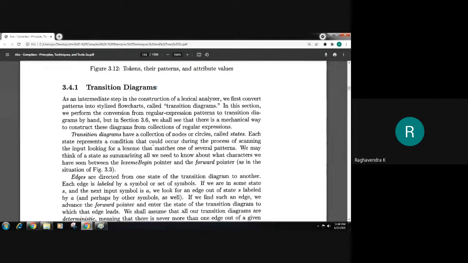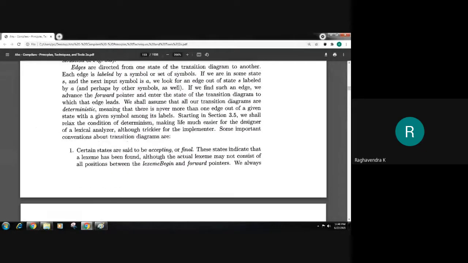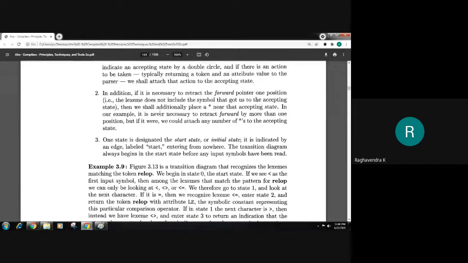In the transition diagram we also have the concepts of start state and end state, and all the other states are considered intermediate states. The same concept is used here, but this time to identify a token properly. So this is what we are going to look into now.